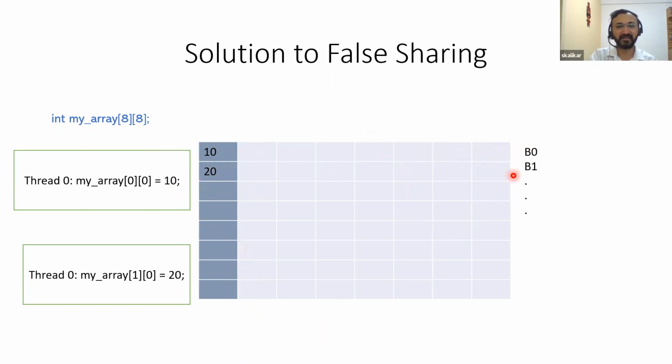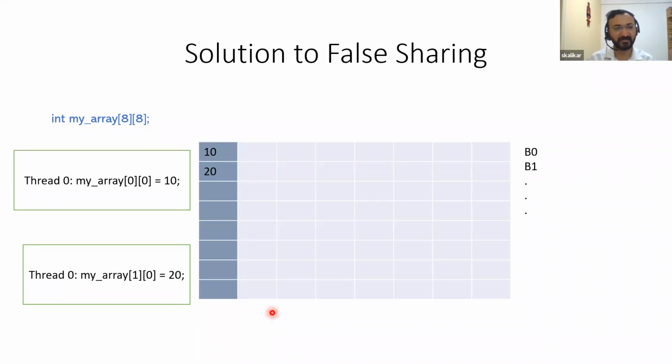Although this memory is getting wasted, now when every thread is writing their own things, this should be thread 1, and now every write is on a separate cache line. So these writes can go in parallel and they do not create any false sharing. So does that mean that whenever such a scenario appears, I should change my design from this to this? The answer is no. Only if your threads, your writes are too frequent.